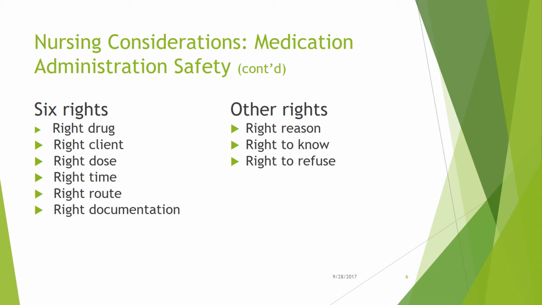You have to call and get a new order. You have to be giving it for the right reason. On the other hand, if they've ordered Tylenol for fever and your patient has a headache, you can't give it for the headache. You have to call and get an order to give it for the headache.